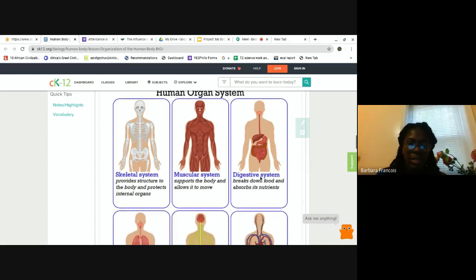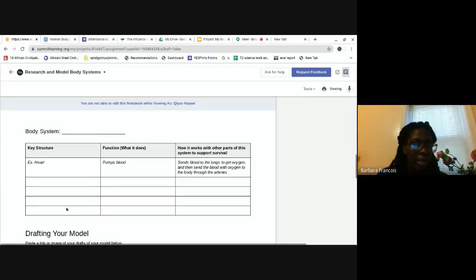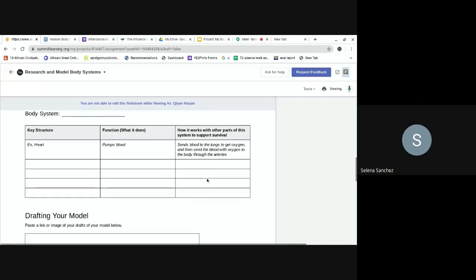Those are all the organs within your system. Same for you, Zamir, with the lungs and all of its components. So here you're gonna find all the organs in your system, tell me what they do, and how they work together to support life.